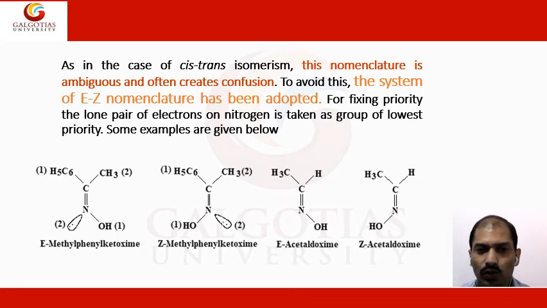You can see the highest priorities are opposite to each other with respect to the carbon-nitrogen double bond, so this is the E form. Similarly, you can see many more examples here and designate them. So this EZ nomenclature has also been adopted to prioritize the molecules. You can refer to these molecules here.